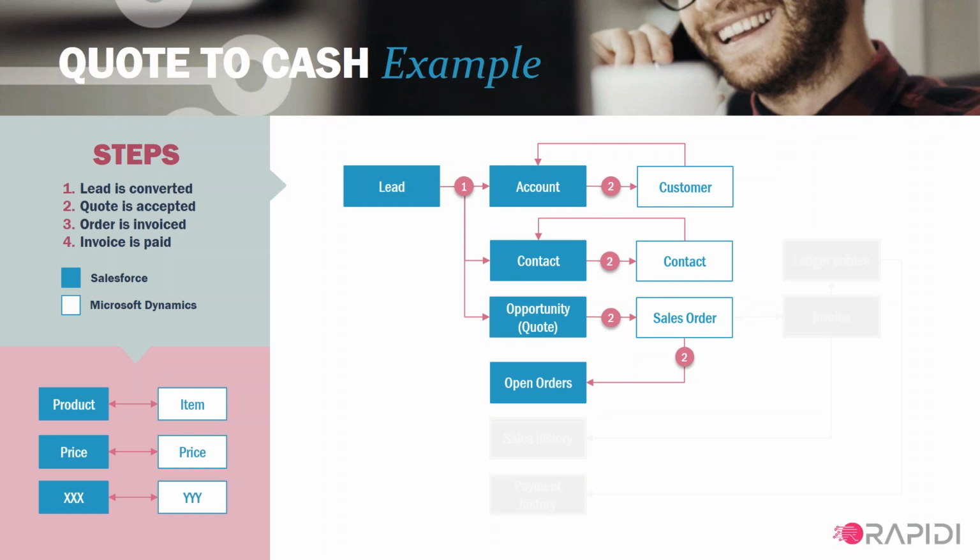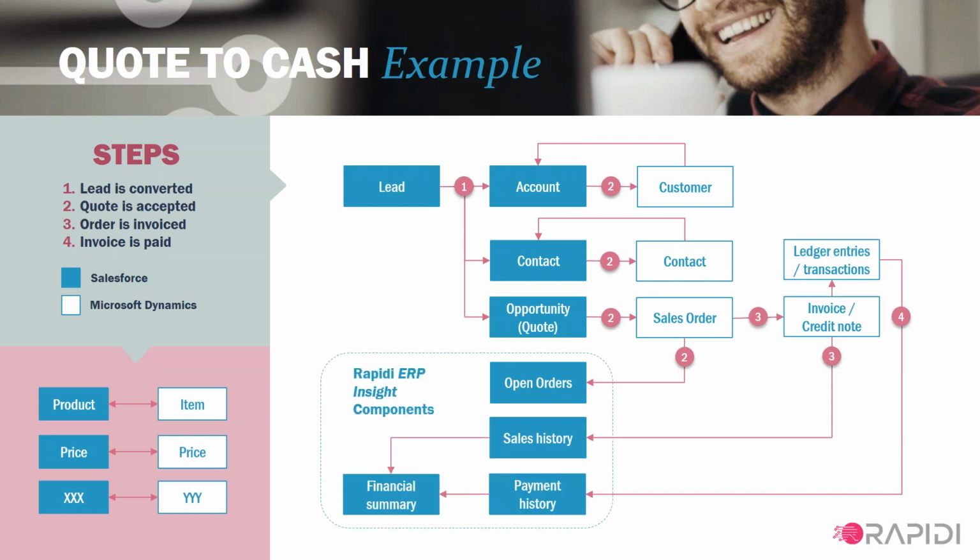Once the sales order is fully delivered and invoiced, then typically the open order that was sitting in Salesforce is removed, just like it is in Microsoft Dynamics, and it will only exist as a posted invoice or credit memo in Microsoft Dynamics. We synchronize that information into the sales history object in Salesforce, where you can see what this account has purchased in the past.